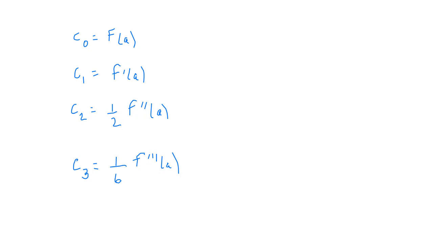Let me just ask you, we'll go to the book, but what do you think the fourth coefficient is? Notice here, by the way, I'll just comment on this. The first coefficient, C sub 0, equals f of a divided by 0 factorial.